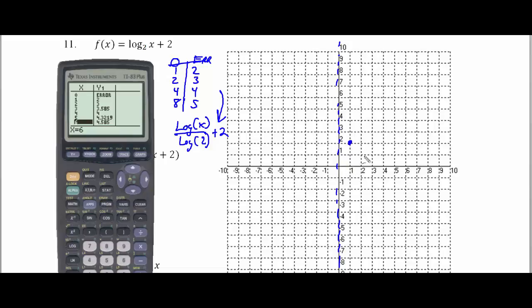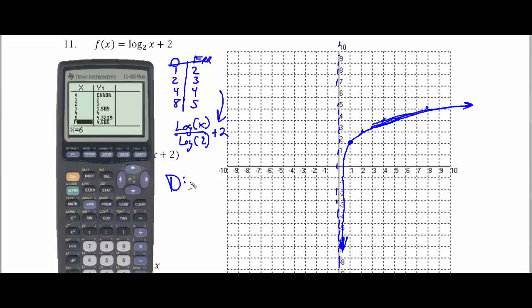1 is 2, and 2 is 3, and 4 is 4, and 8 is 5. So we're going to connect these in a nice swoop, but I also need to connect my tail at the bottom, and that tail is going to go toward 0 but never ever touch 0 on the y-axis.